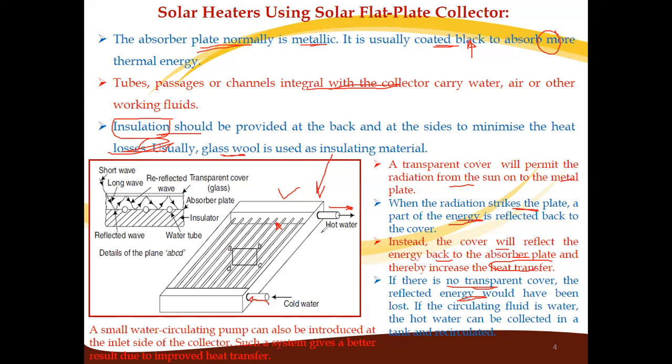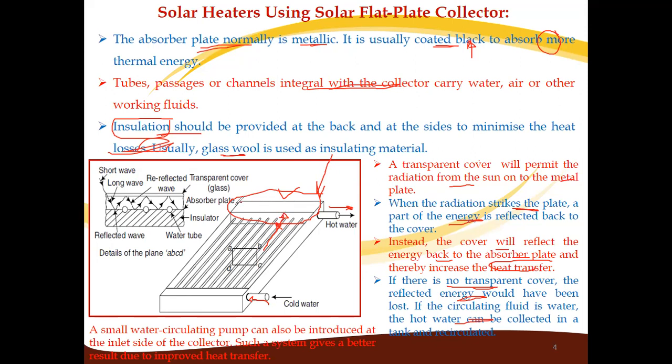Again, if the circulating fluid is water, the hot water can be collected in a tank or it can be recirculated. So here is a tank where we can collect the hot water, heated by using these solar radiations.